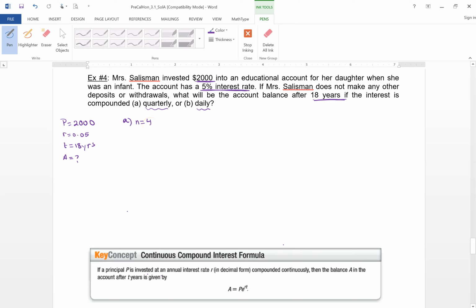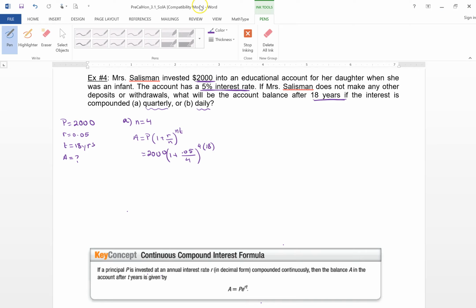So we plug it into the formula. A is equal to P times 1 plus R over N, to the power of NT. Meaning, this is 2,000 times 1 plus 0.05 over 4, to the power of NT, which is 4 times 18. Okay? And this is going to be plugged into the calculator.